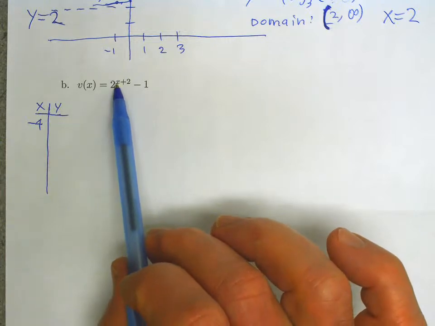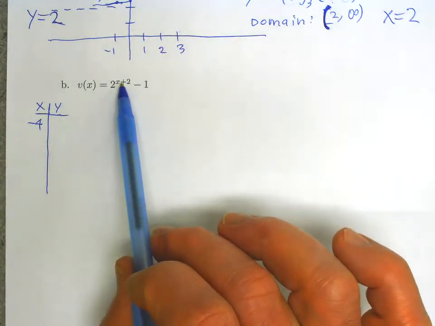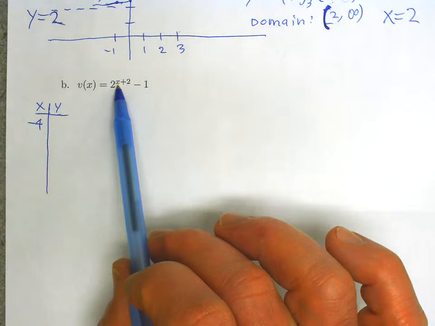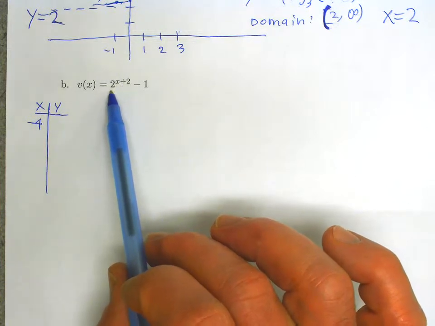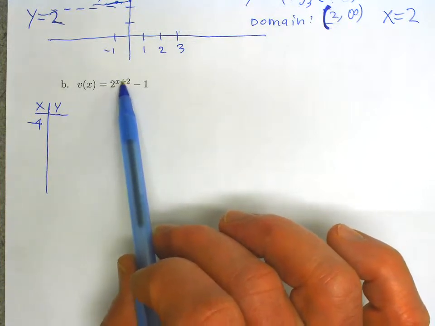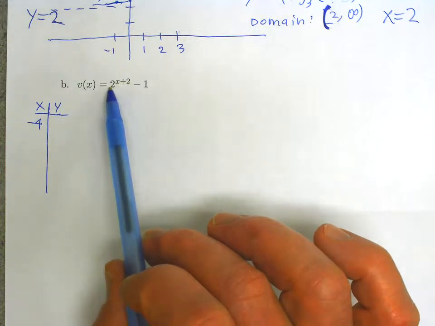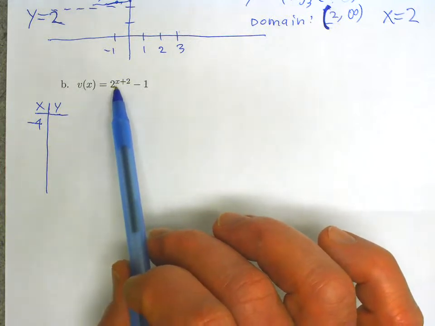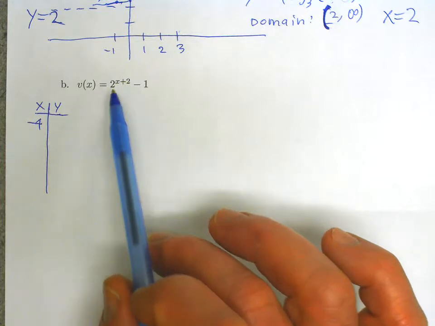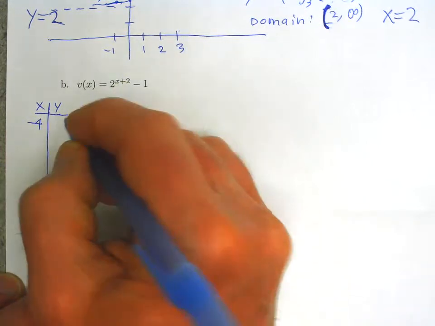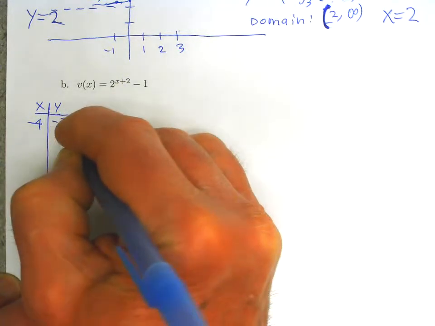then replace x with -4. -4 plus 2 is -2. 2 to the -2 is 1/4. And 1/4 minus 1 is -3/4.